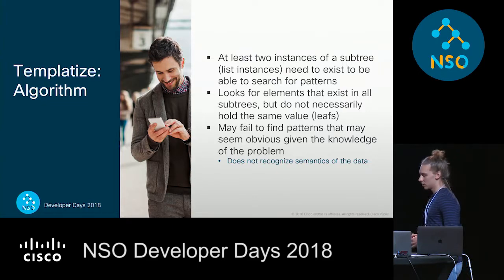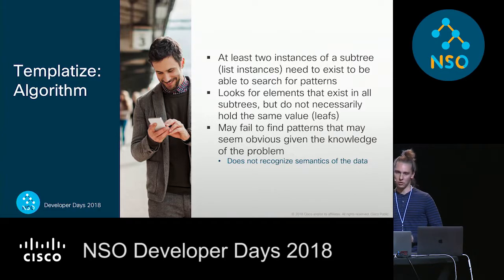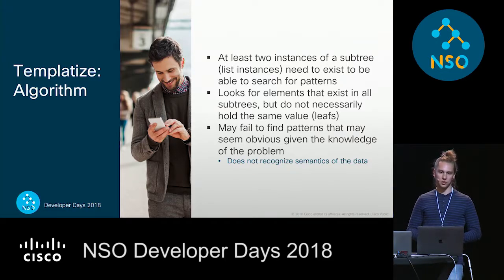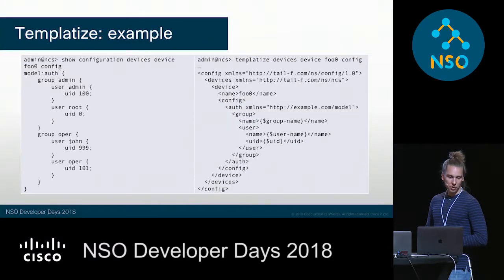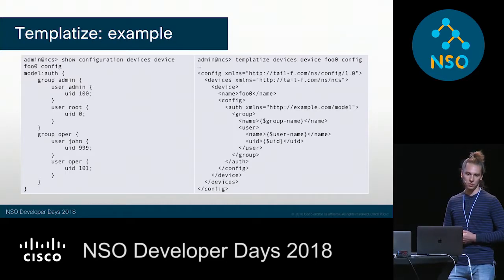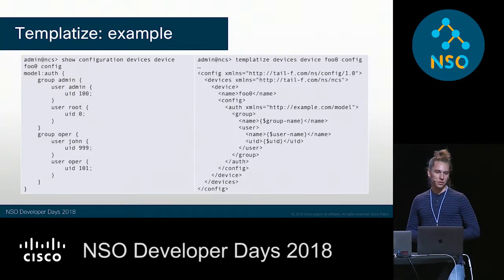But of course, it is not aware of the semantics of the configuration. So some patterns that may be obvious to you as a service developer, it may fail to find. Here is a small example. Say we have this list called group, and there are two instances under it.